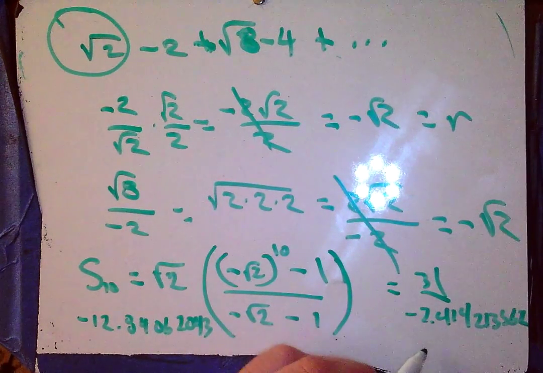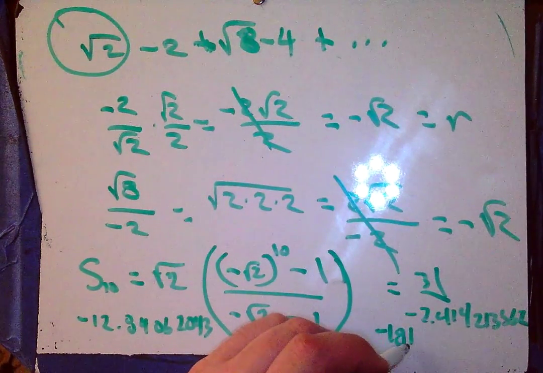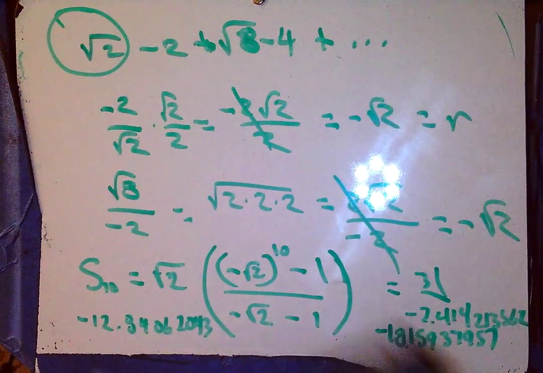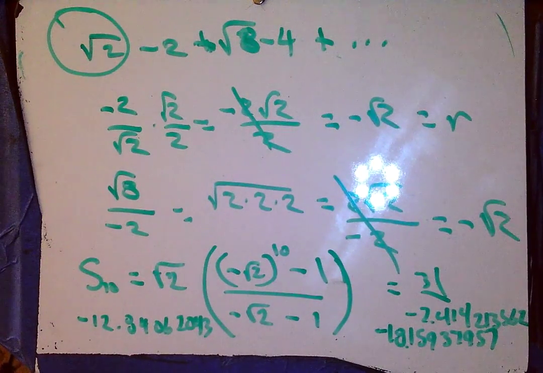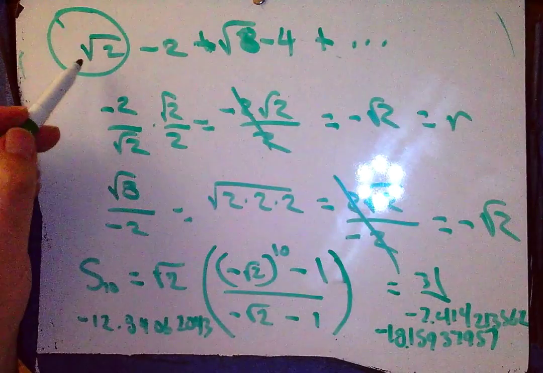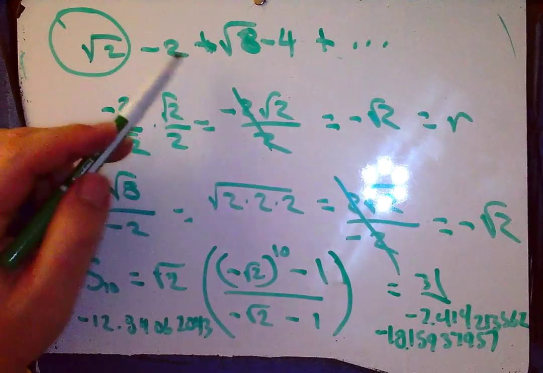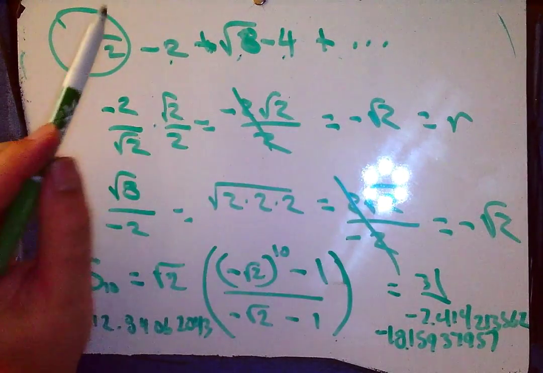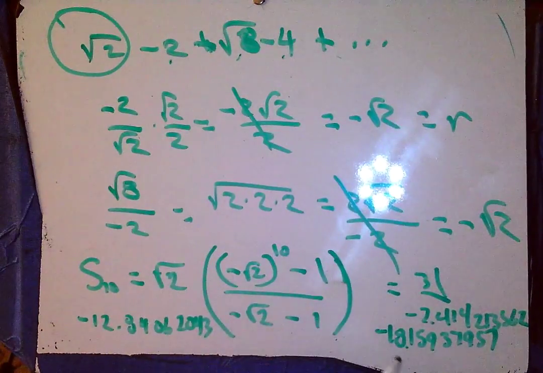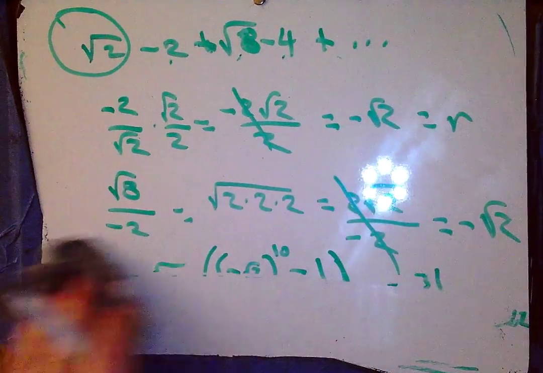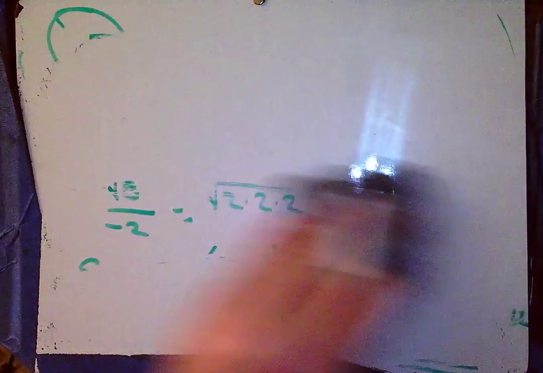And so I get -18.15937957. I find that a little troubling because my biggest value, oh, this is smaller than that. Oh, and this is smaller than that. So the positives are all smaller than the negatives, which is why my total of 10 things is a negative number. Okay, great.